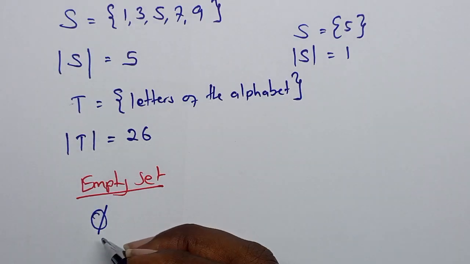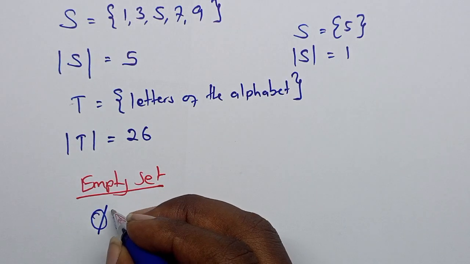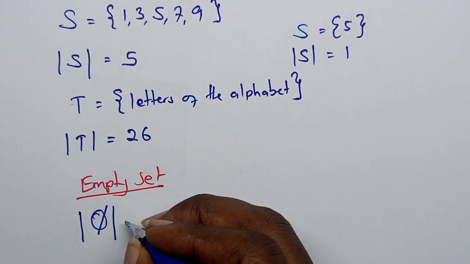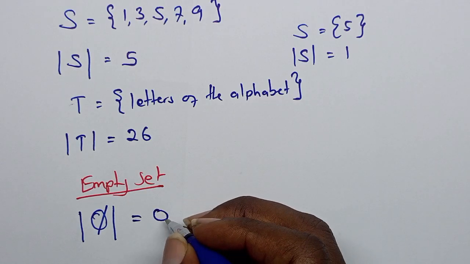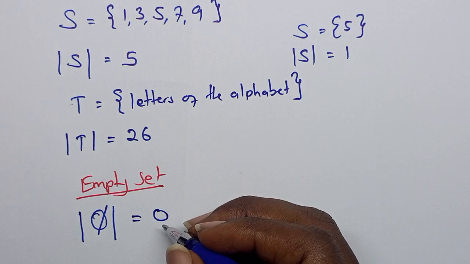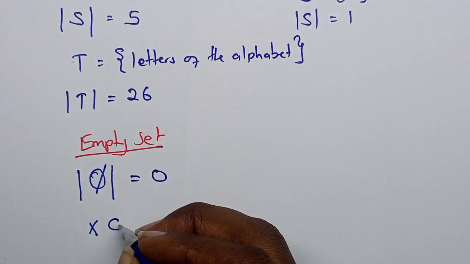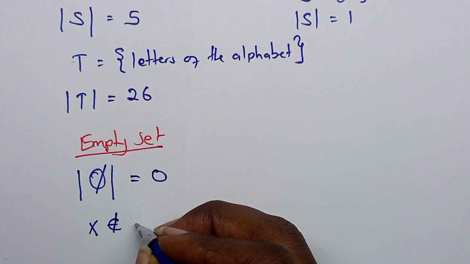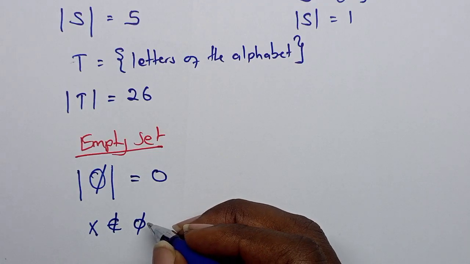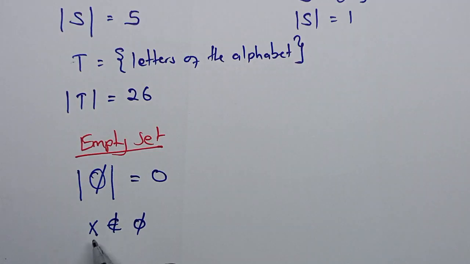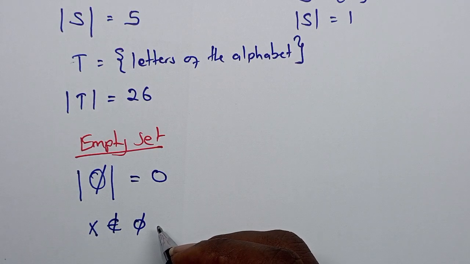So the number of elements in an empty set will be equal to 0. And X can never be an element of the empty set. Whichever figure you want to put for X, it can never be an element of the empty set.